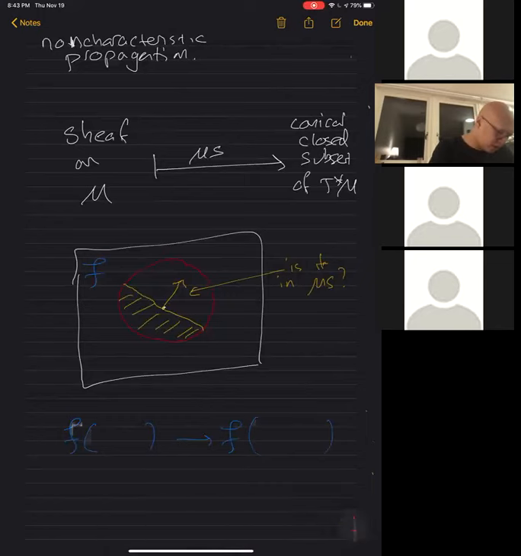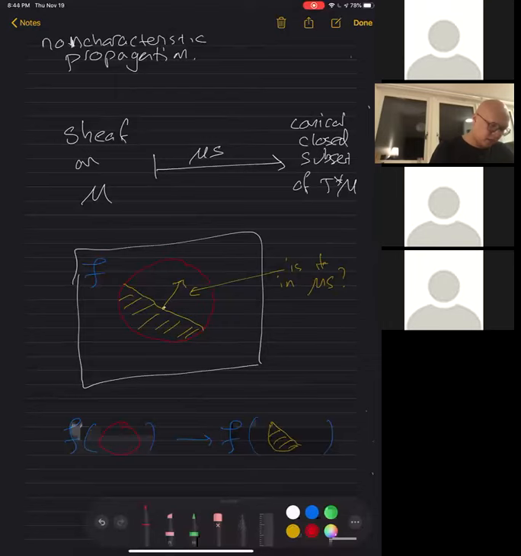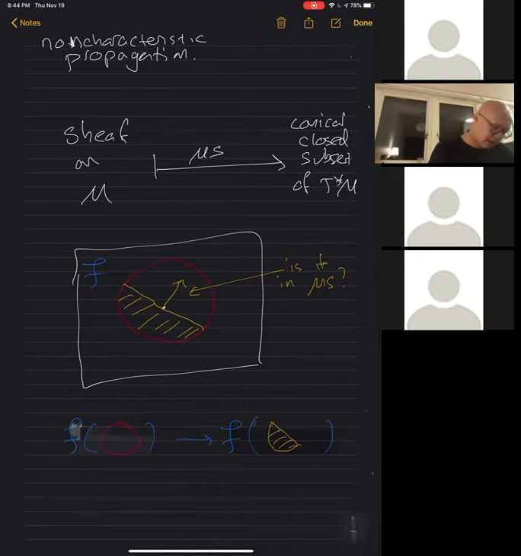That's, as I told you, the one thing that you're allowed to do with a sheaf. You are allowed to restrict it. Okay, so that's a map you could consider. And you ask the question, is this map an isomorphism?